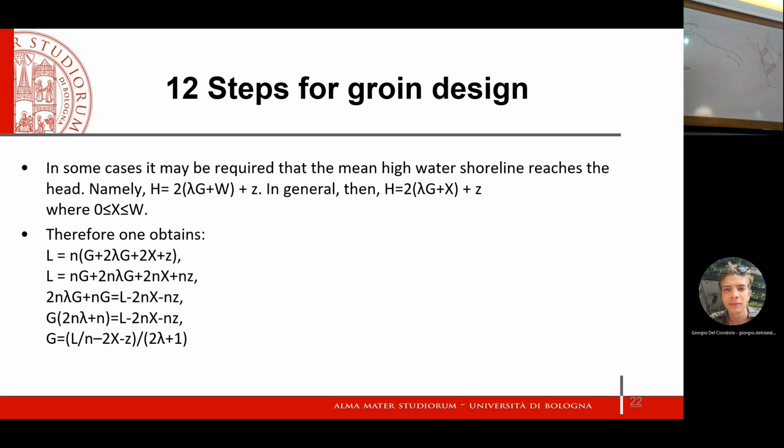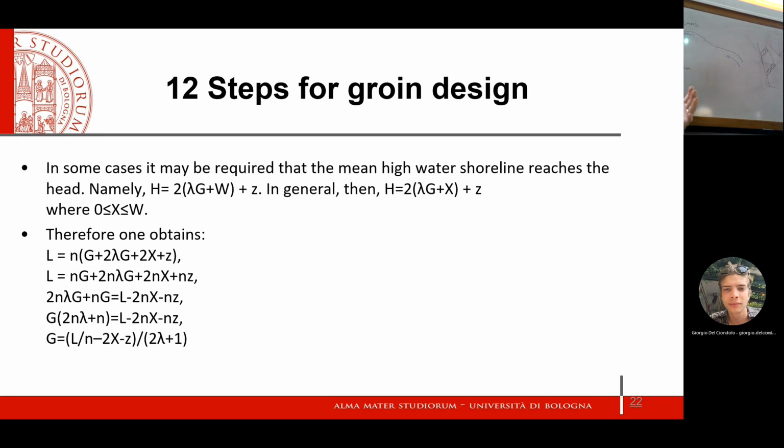But there are several variables that are still unknown, which are L, let's suppose that is known, the number of beach cells is something that we may have some flexibility. X, we may have some flexibility. And also for Z, we may have some flexibility.